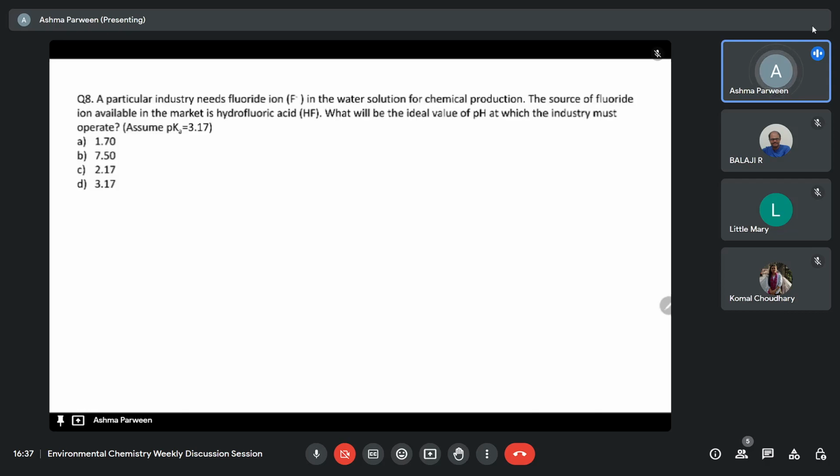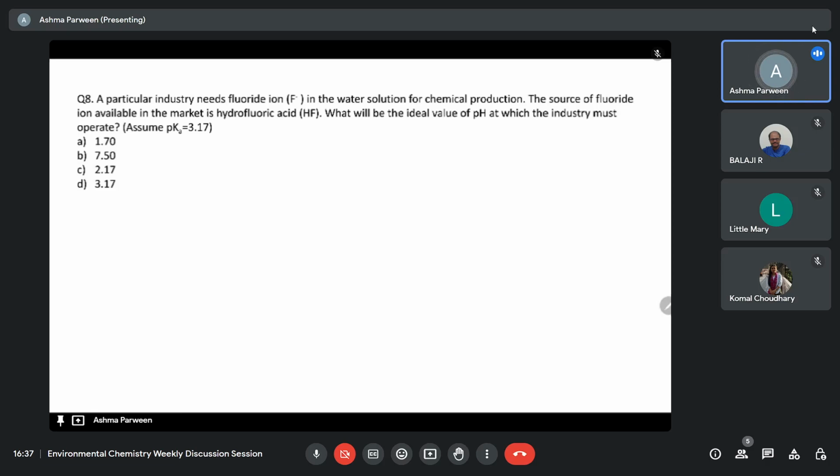It's not a numerical question. A particular industry needs fluoride ion in the water solution for chemical production. The source of fluoride ion available in the market is hydrofluoric acid (HF). What will be the ideal value of pH at which the industry must operate?